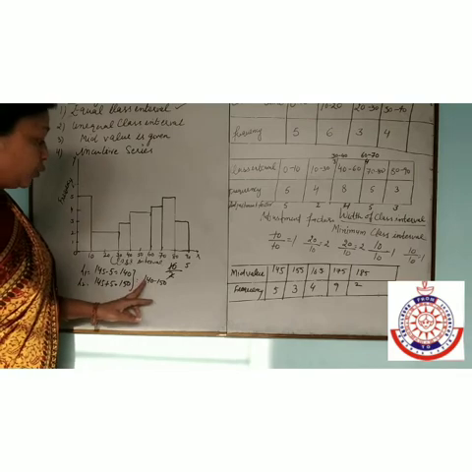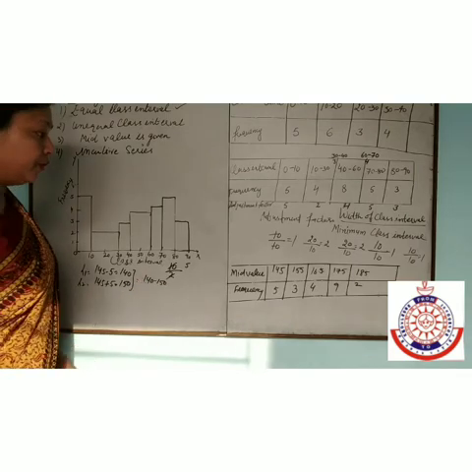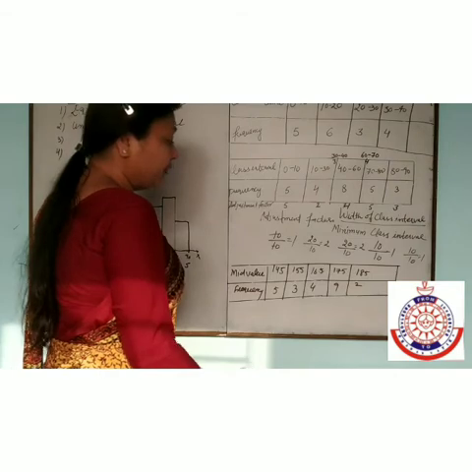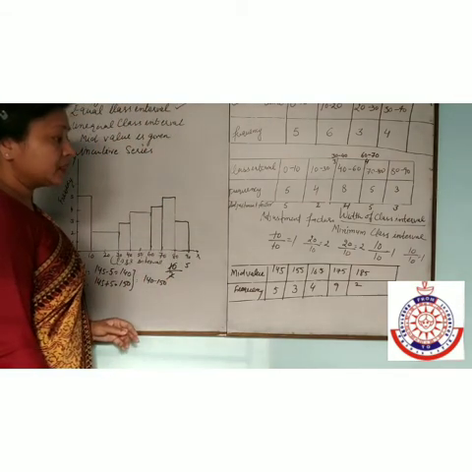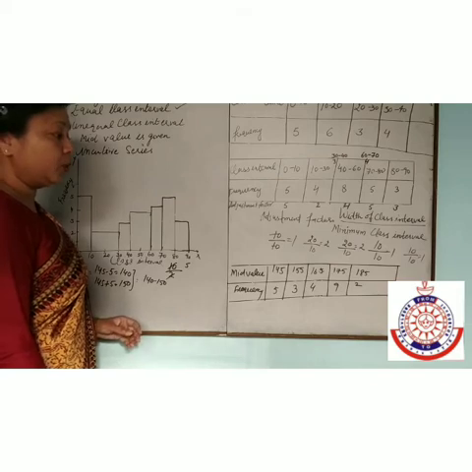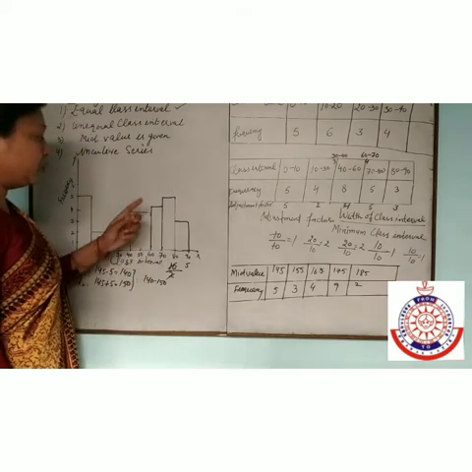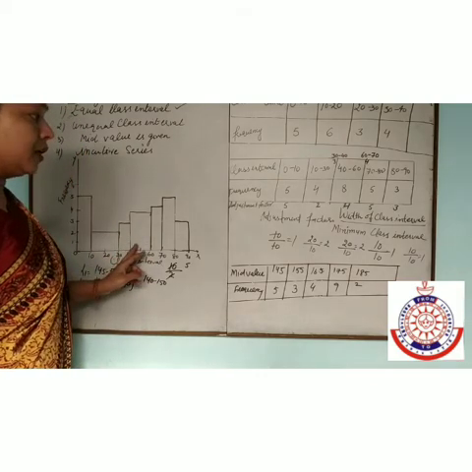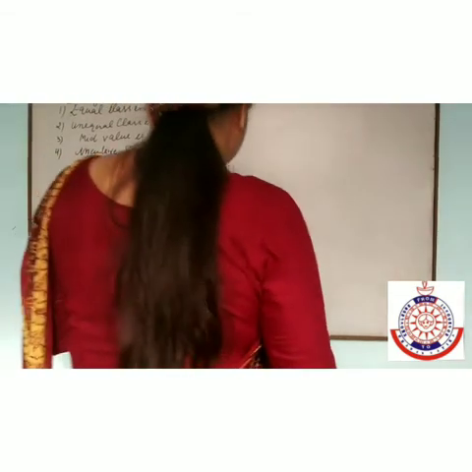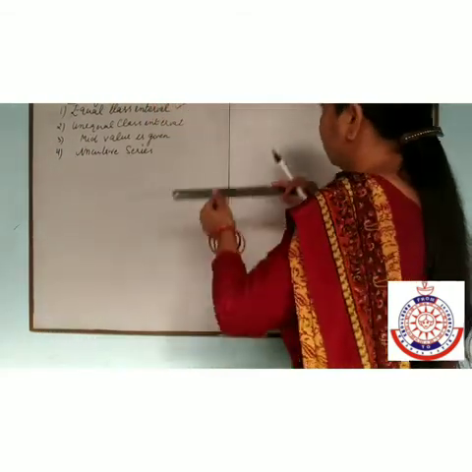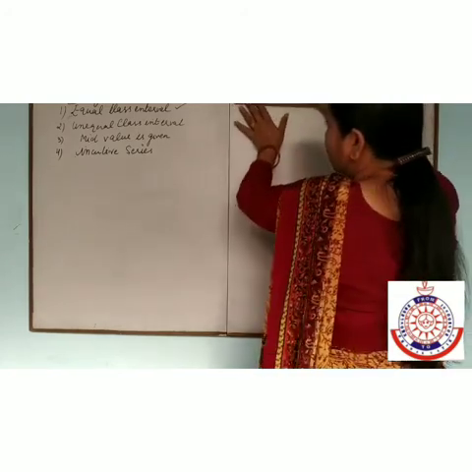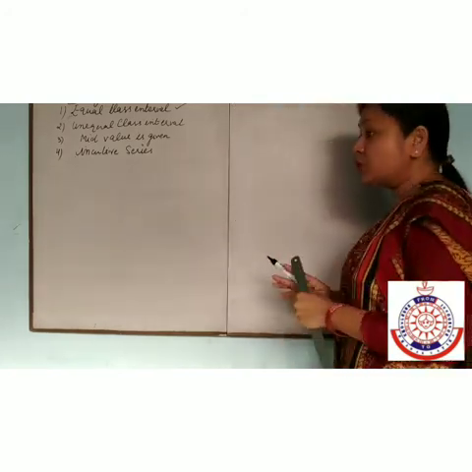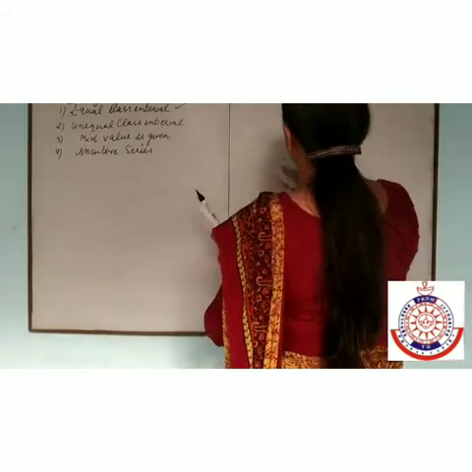Then this is equal to 140 to 150, same as 150 to 160, 160 to 170, 170 to 180, then 180 to 190. Sometimes an inclusive series is given. Inclusive series is that series in which the upper limit is also included.